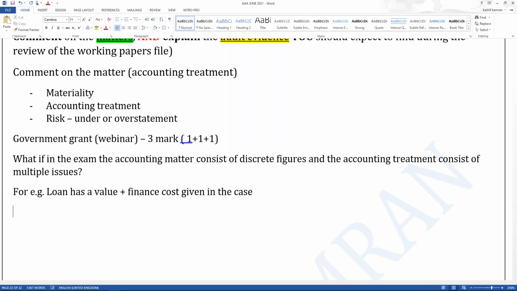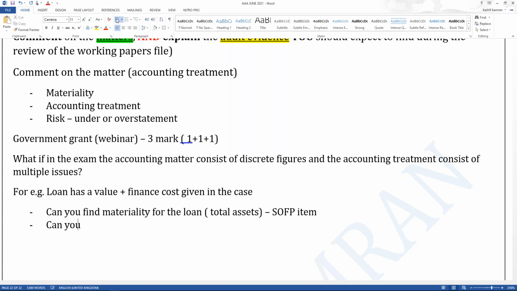Now, if that is the case, can you find materiality? Can you find materiality for the loan by taking it in the context of total assets and finding the percentage, because the loan is primarily an SOFP item? And can you find the materiality of the finance cost separately? Because finance cost materiality will be taken on the profit before tax, because it is a statement of comprehensive income item.